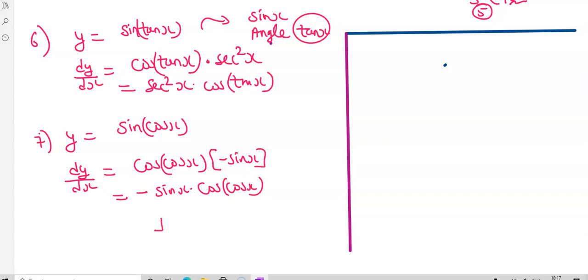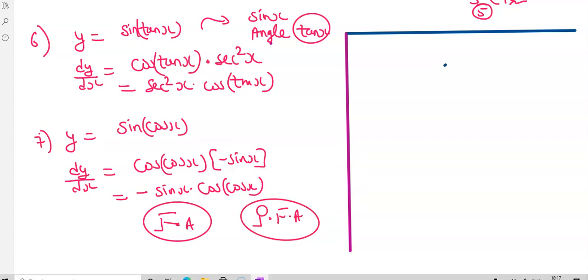So it is function with the angle. We have not discussed so far what is PFA. We'll be going further with function and angle questions. I'll take another question of similar nature.